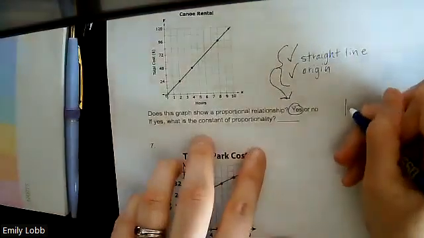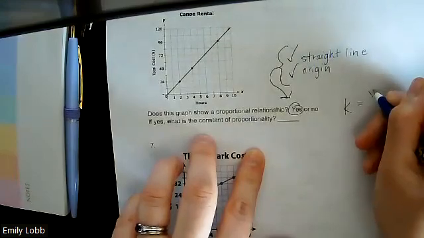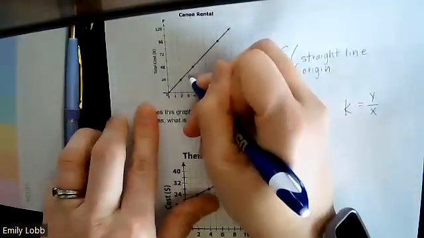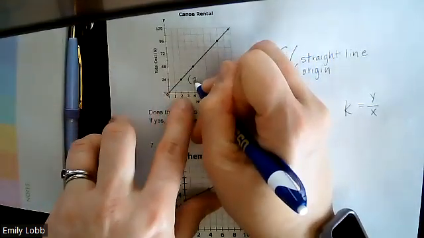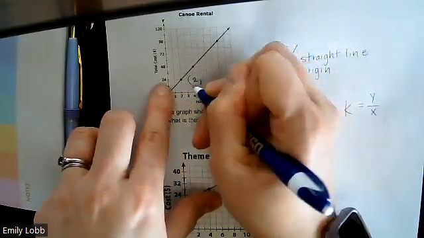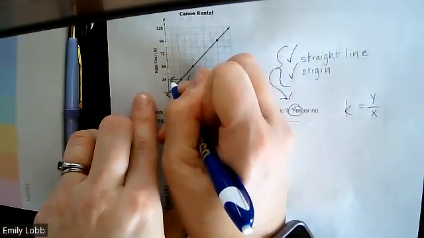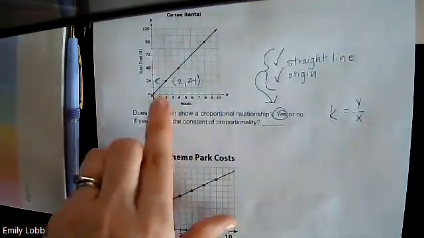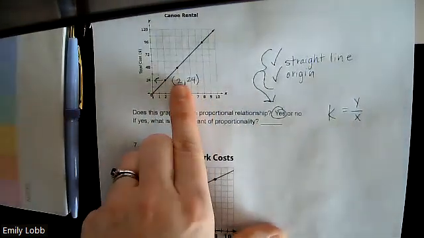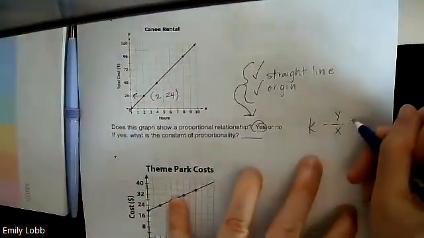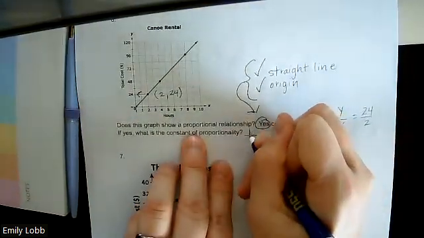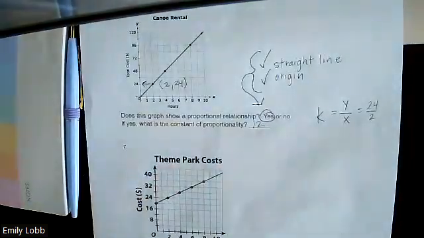So remember, K is equal to Y divided by X. So if we were naming this point, our X would be 2, our Y would be what? What's the Y value here? 24. So we can figure out our unit rate by taking 24 divided by 2. Right? What's 24 divided by 2? 12. Okay?